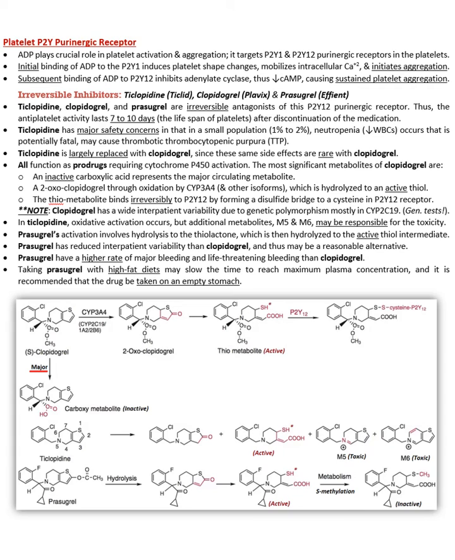Right, so it's believed that the M5 and M6 are responsible for the toxicity associated with ticlopidine, which, like we mentioned earlier, is a major reason for a safety concern with the ticlopidine, and a reason why it's been largely replaced by Plavix or clopidogrel.